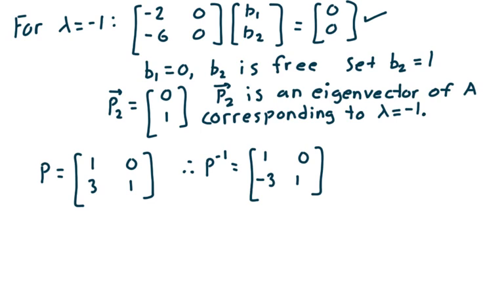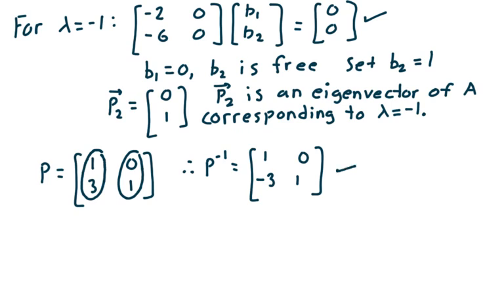So notice how my first column of matrix P is 1, 3. My second column is 0, 1. Okay? So that's P. Now, P inverse is the matrix 1, 0, negative 3, 1.